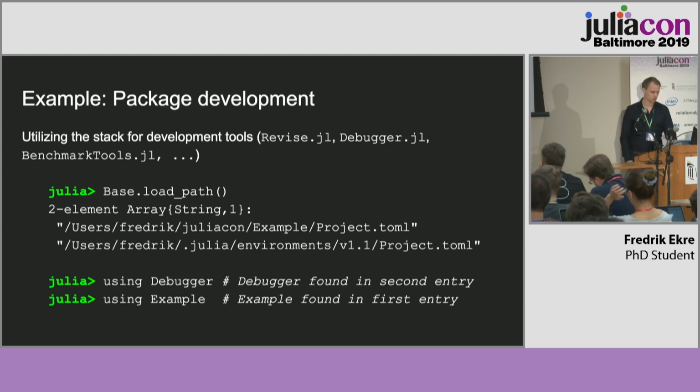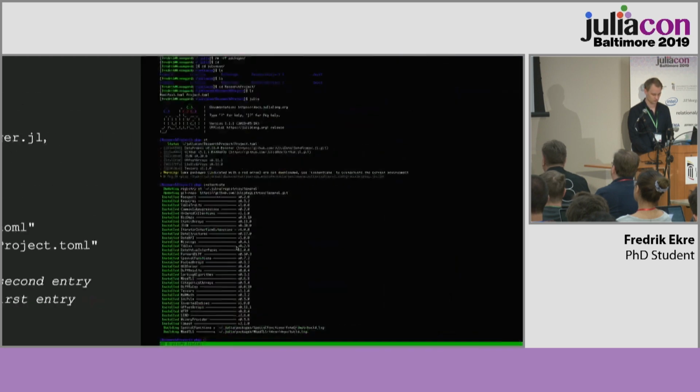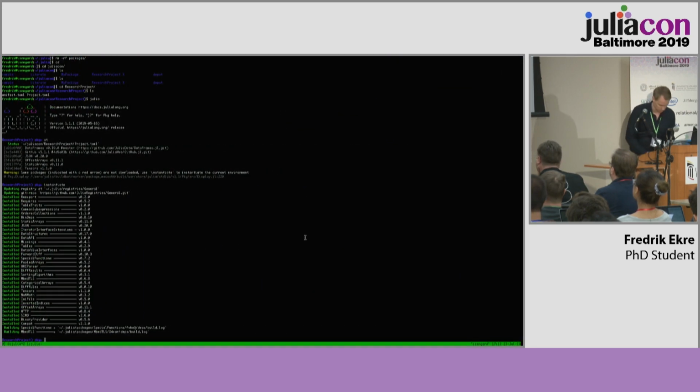So for example, I'm working on the example package here, so that's my first entry, something that I have explicitly asked for. And then we have the global one. So for example, I can load the debugger from the default one and the example itself from the first entry. So let's just, oh, this is very small.